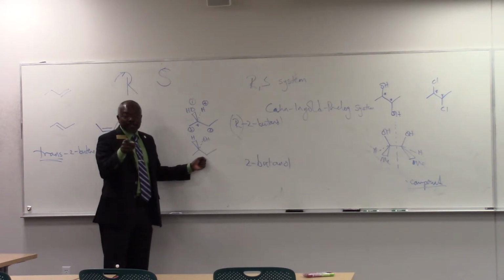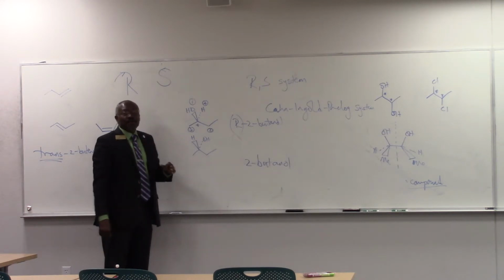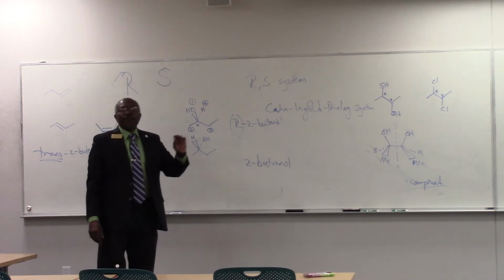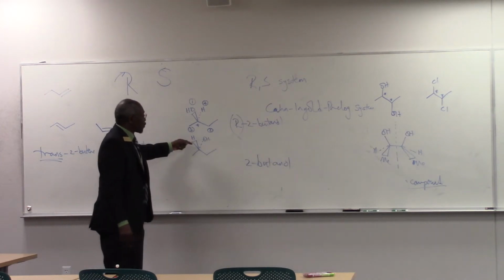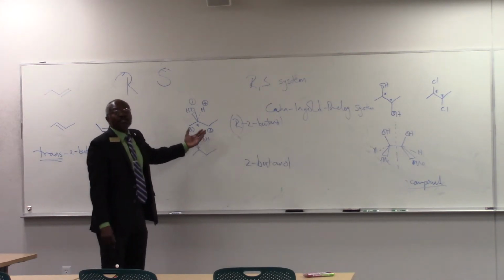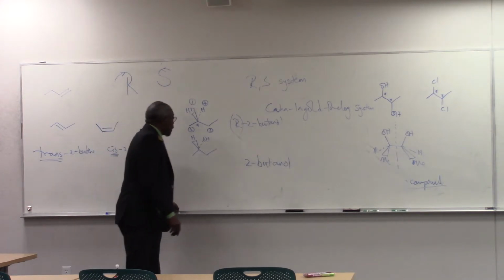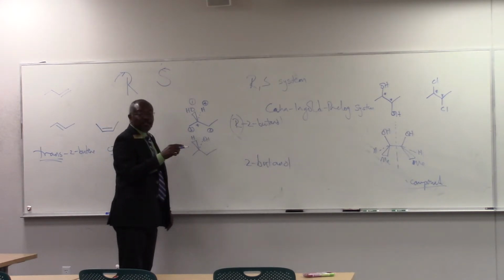From your perspective, looking the wrong way, you see anti-clockwise. In other words, if you look at the molecule, so the group of lowest priority is pointing towards you, read the answer and invert it.